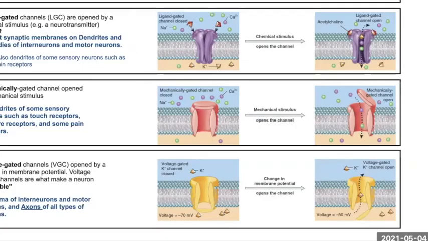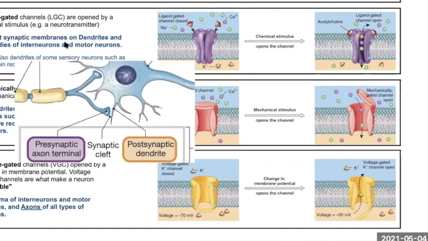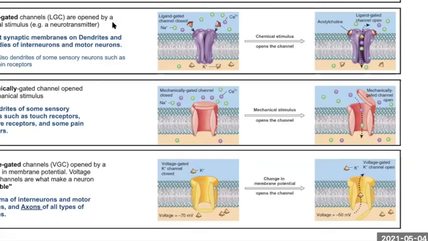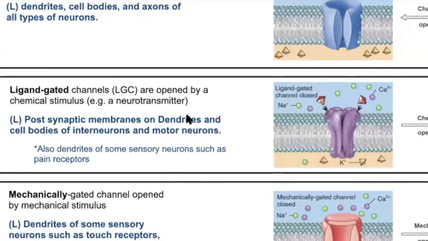They're basically going to be on your postsynaptic membranes, just like we saw with the neuromuscular junction. So these are going to be on the dendrites and the cell bodies where there are synapses. For your central nervous system cells, your interneurons and your motor neuron cell bodies, they're going to be there.